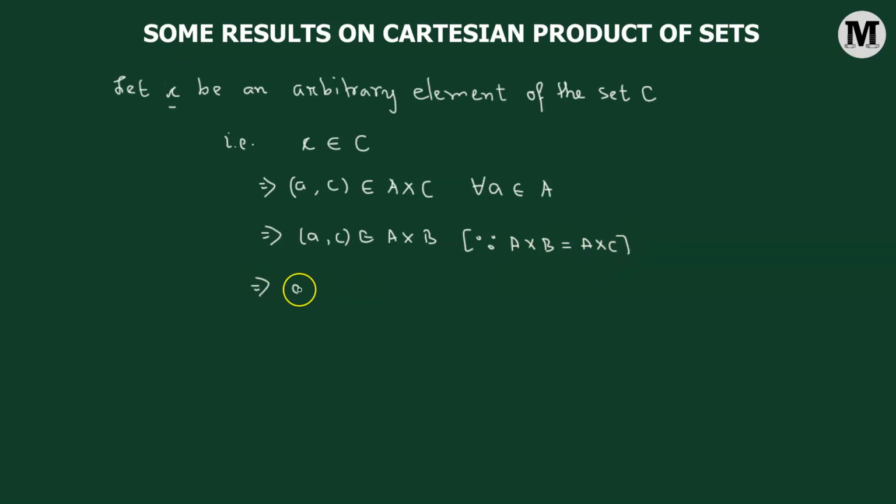Now this means that a belongs to the set A and c belongs to the set B. a belongs to A, we have already established that it's a true statement.